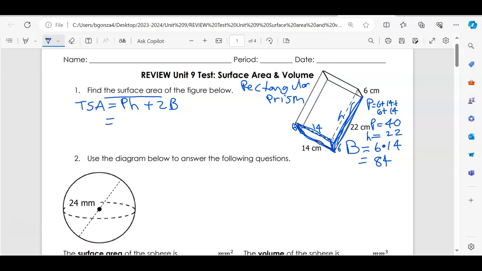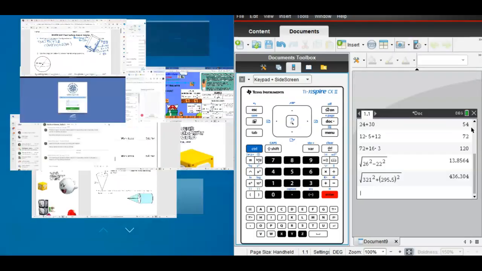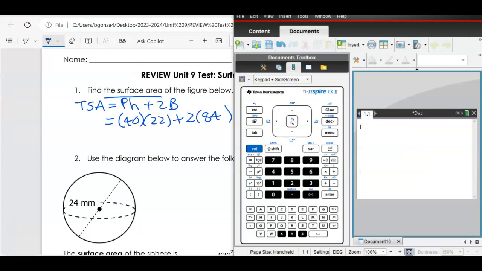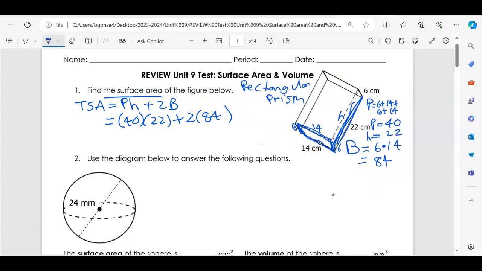P times H, so you've got 40 times 22 plus 2 times 84. You should get 1,048, and my units of measure are centimeters squared because it's area. Area is 2D, so it's two-dimensional, so it's squared.